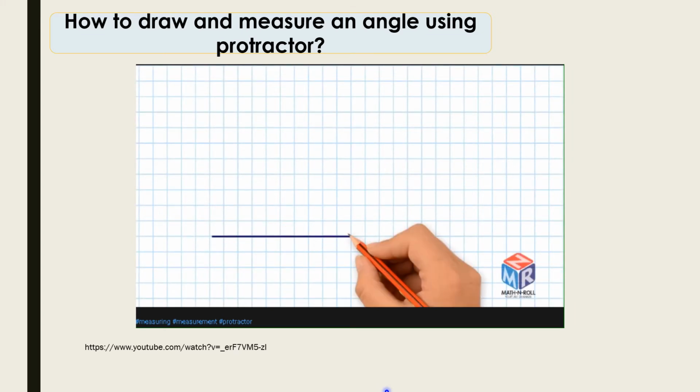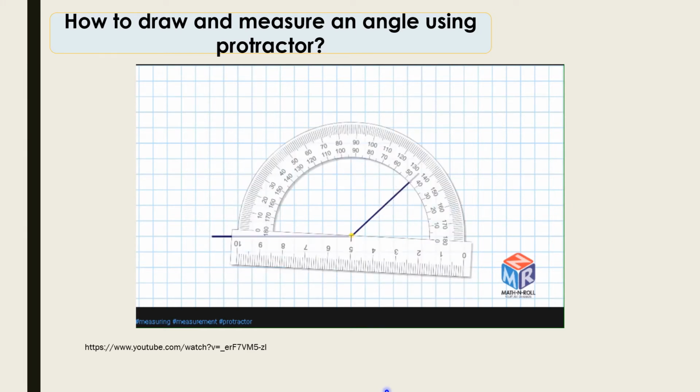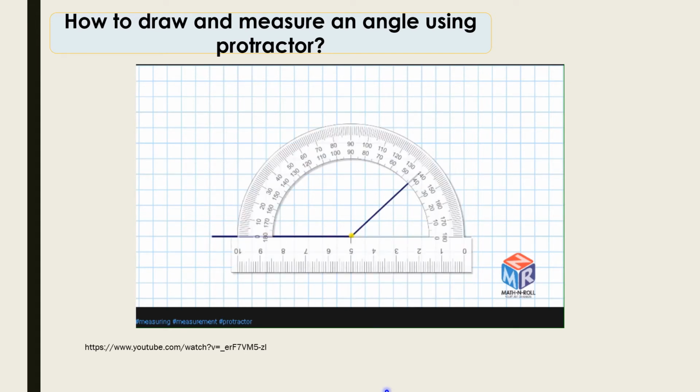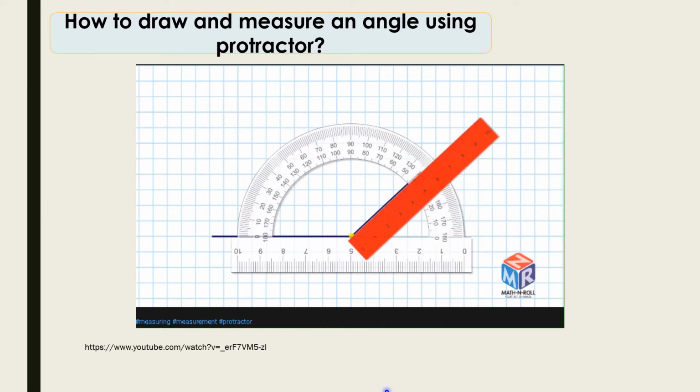Let's try another example. Line up the vertex of the angle at the center point of the protractor. Make sure the bottom ray of the angle goes through the zero. If the rays are too short, you can always extend them.